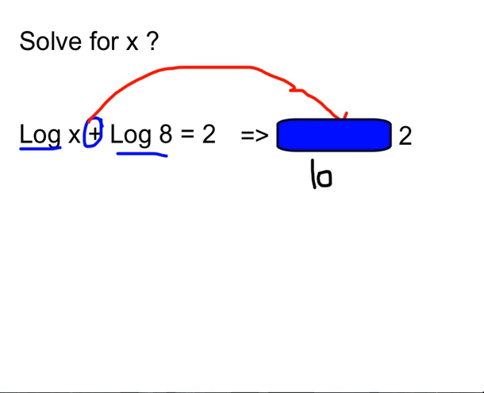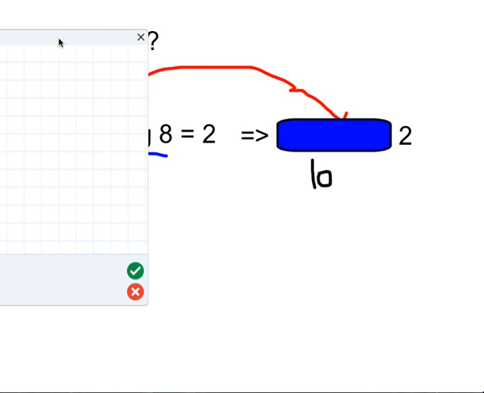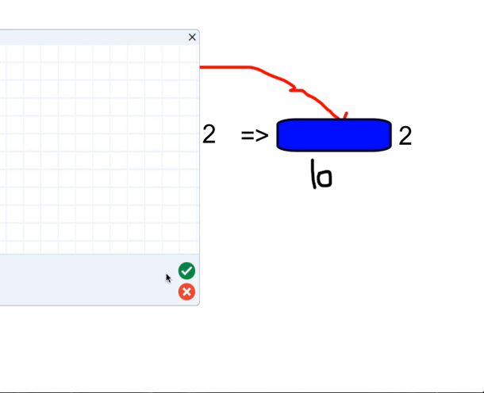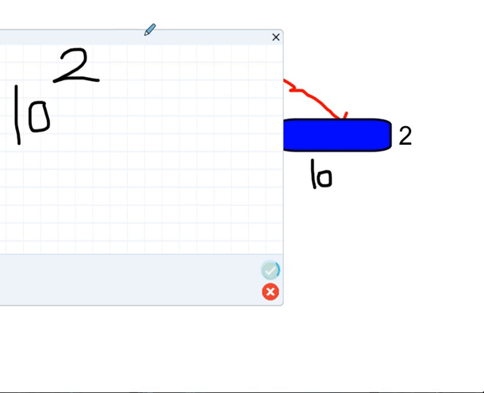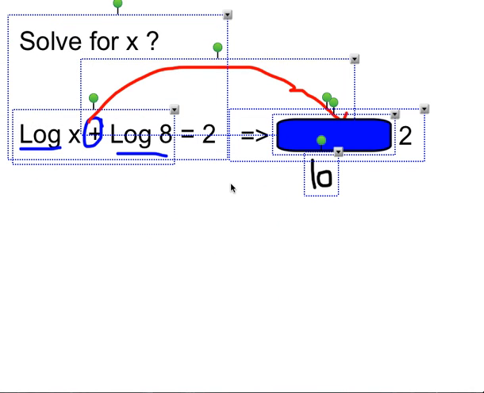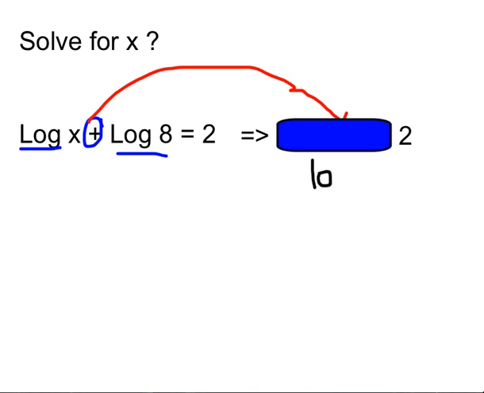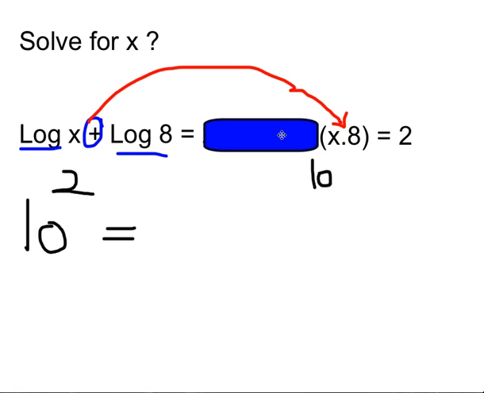Let's write it down here. 10 to the power of 2 is equal to x times 8.